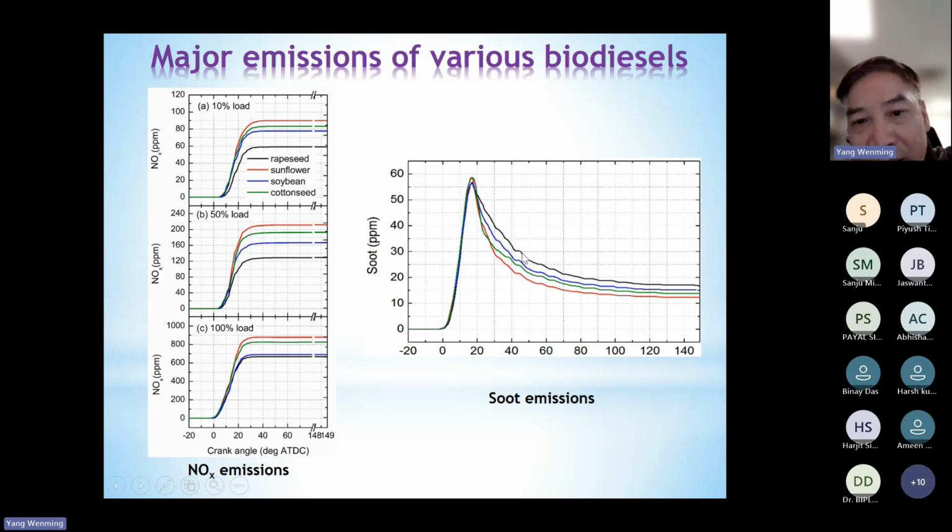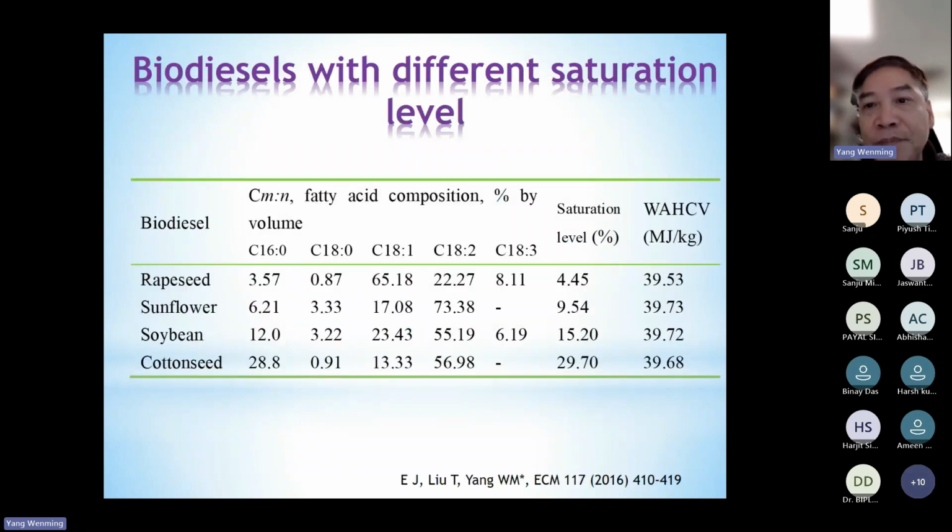However, if we compare the soot emissions, the rapeseed biodiesel produces the highest soot emissions, because again, this kind of fuel has the highest percentage of unsaturated compositions.